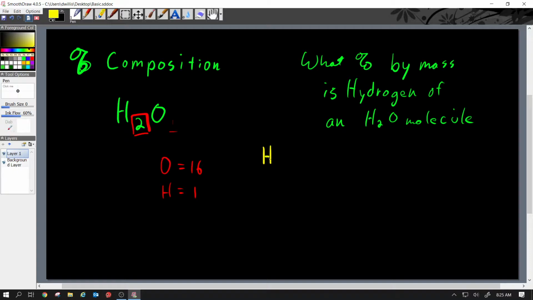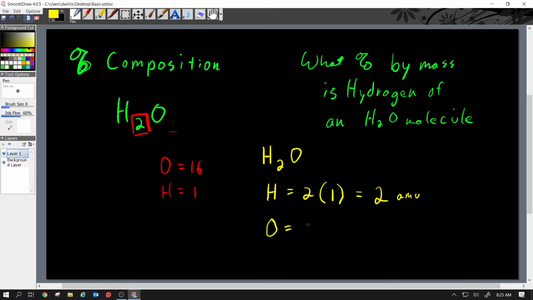All right, so I look at H2O. Now, I have two hydrogens. Each one has a mass of, how much did we say? 1. Excellent. So what's going to be the total mass of hydrogen? Yeah, 2 AMUs. Very good. 2 atomic mass units. Now, oxygen. I only have one of them.